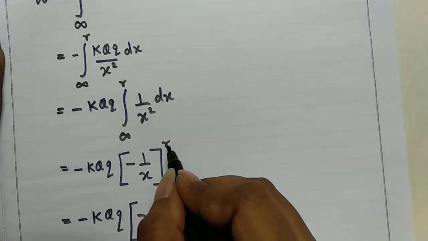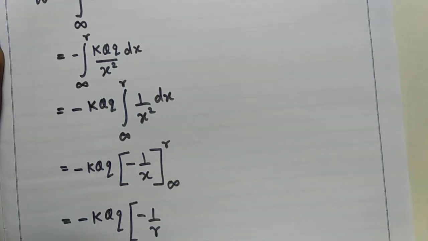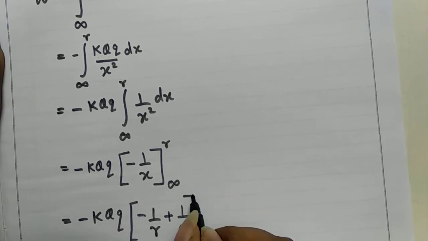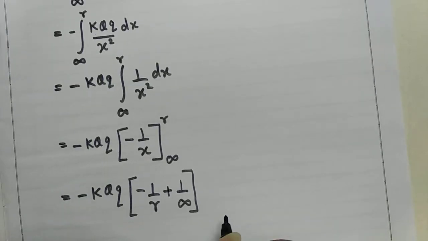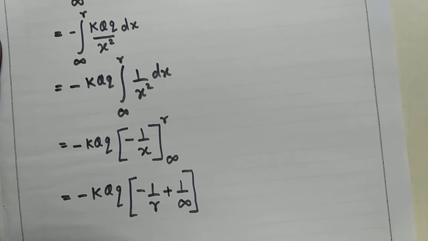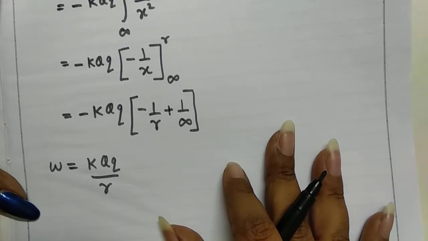The formula is upper limit minus lower limit. So this minus of the formula and this negative sign will give me plus 1 upon r. Now I'll substitute the value of infinity. This will give me 1 upon infinity, and what is 1 upon infinity? It is 0. This minus sign will come outside. So it will give me k Q small q upon r. This was the work done.